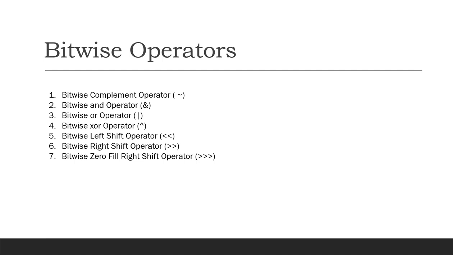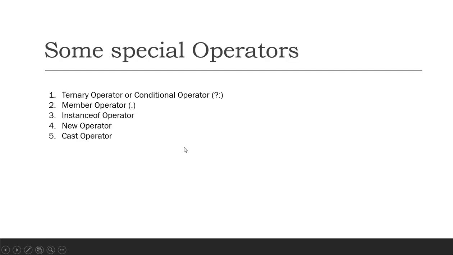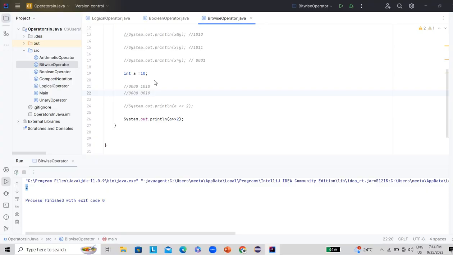If we apply this operator on a positive number, it gives the same output as the single right shift operator. But in the case of a negative number, the output would be positive since the sign bit is replaced by 0, right?